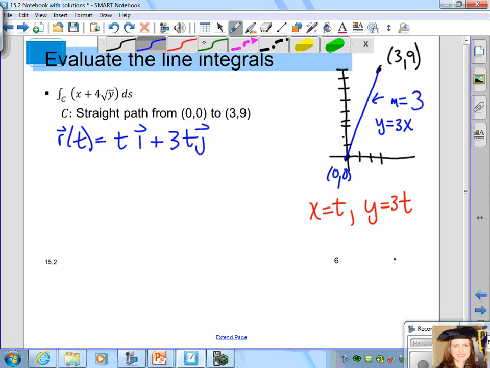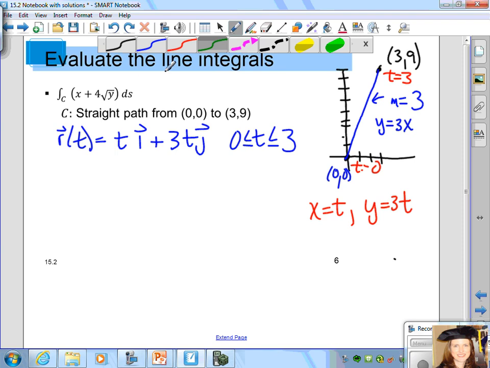We do need a time interval here, the time interval from your start to end. If you plug in t equals 0, you begin at the point 0, 0. And if you want to make it all the way to the point 3, 9, your ending point is going to be t equals 3. The ending time is t equals 3.